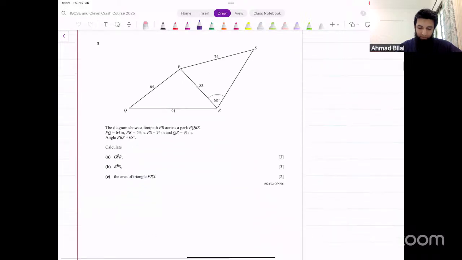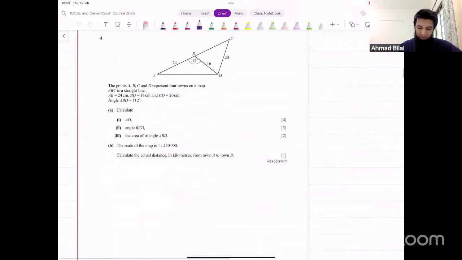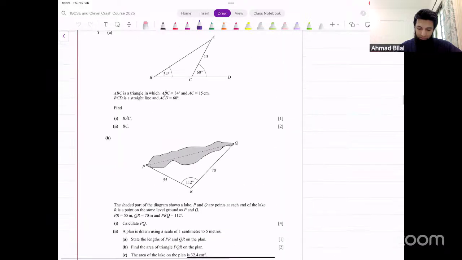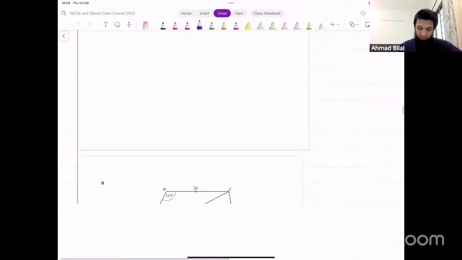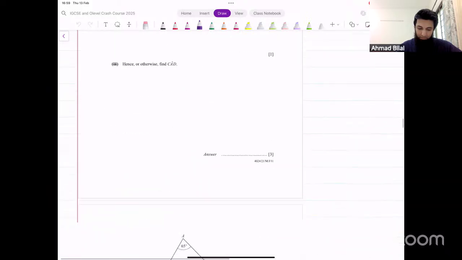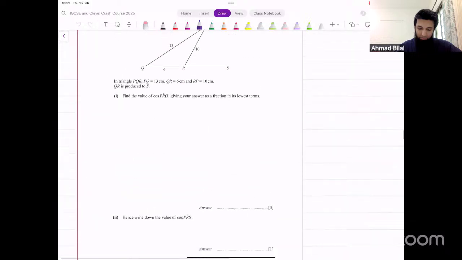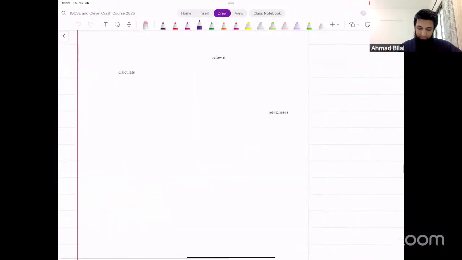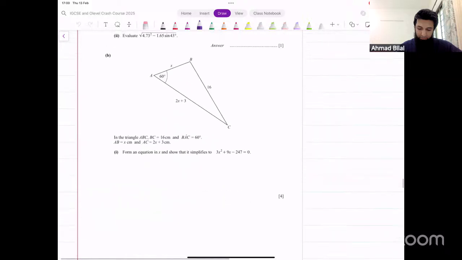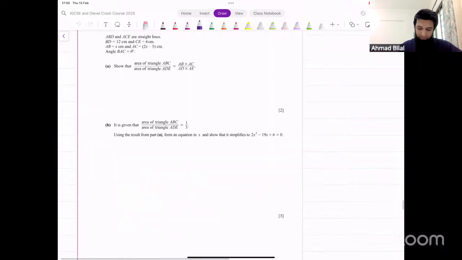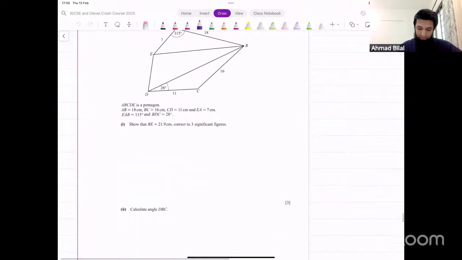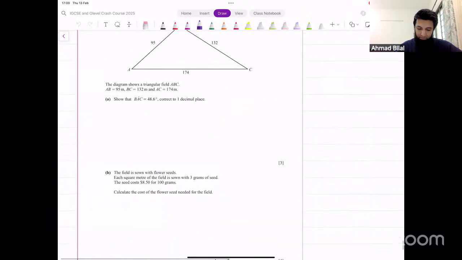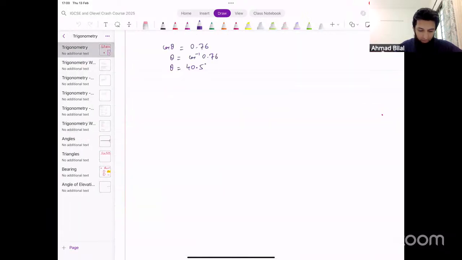Let me see if I can find a couple on this. Okay, so maybe I'm looking at the wrong worksheet.